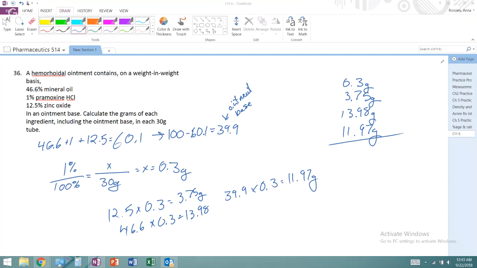That means that we have our ointment base, our mineral oil, our pramoxine, and we have our zinc oxide. So we have all of our ingredients. If we were asked in a situation where we were actually compounding, we could find out what everything was.